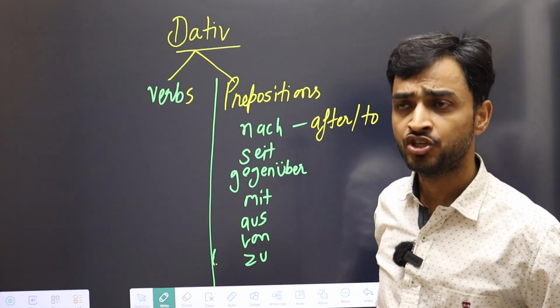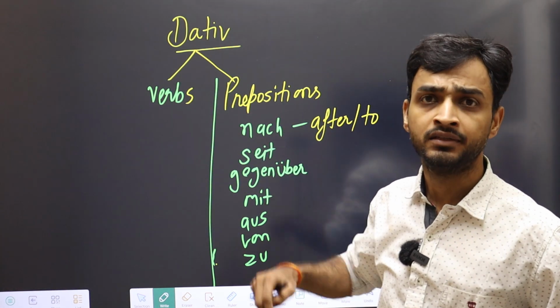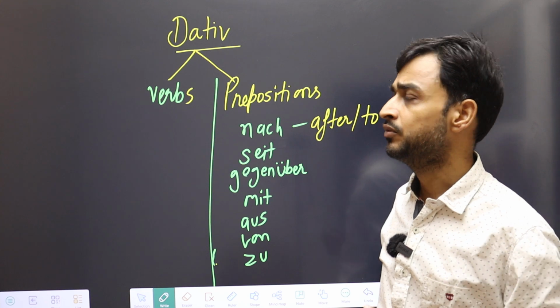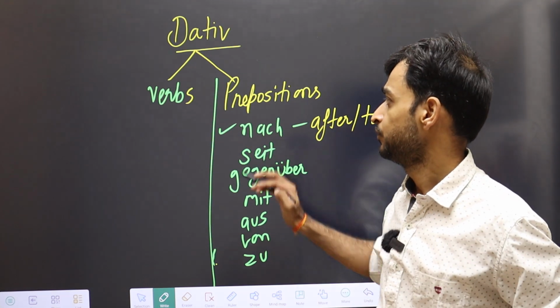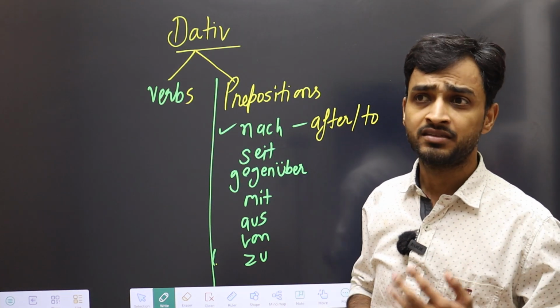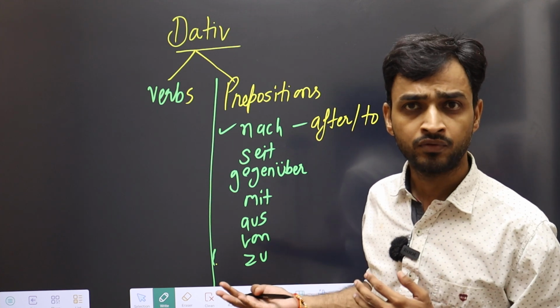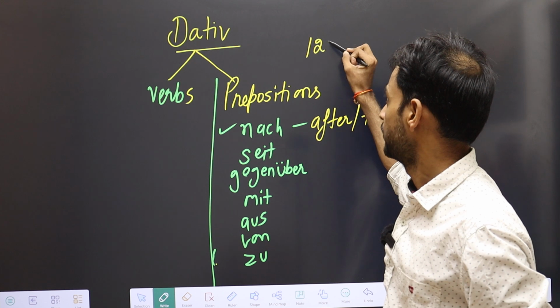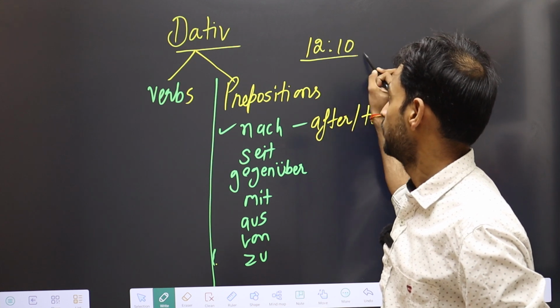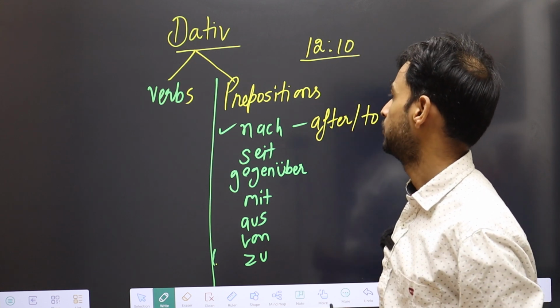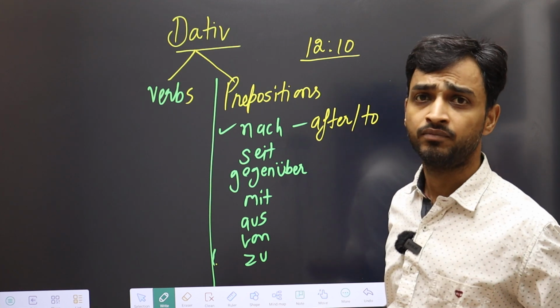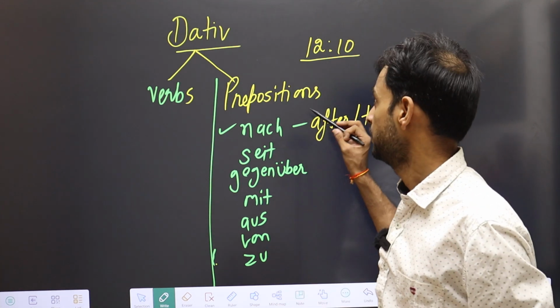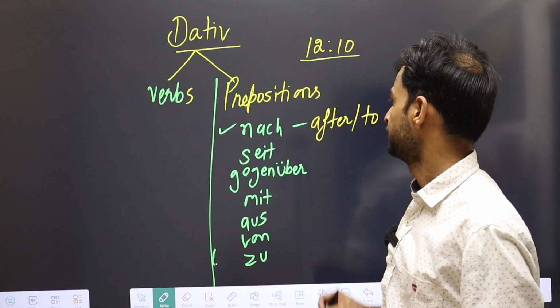Ich fahre nach Shimla, ich fahre nach Mumbai. We also see the nach preposition when we talk about timing, like it is ten past twelve. So that is also a use of dative. We say nach means after here.